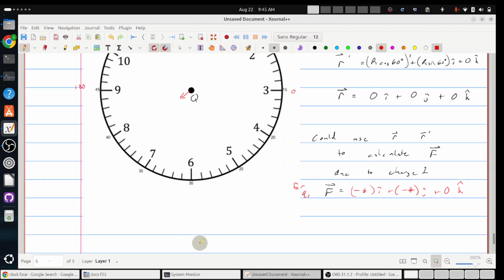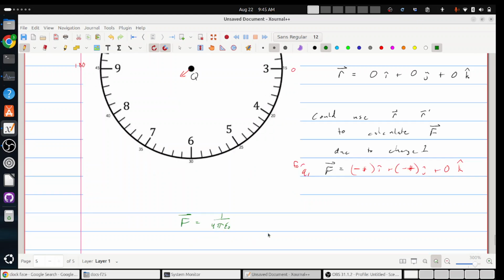I could go through here and immediately write out that my force is going to be 1 over 4 pi epsilon naught, my value for little q, my value for big Q, my radius cubed, cosine 60 plus sine 60.